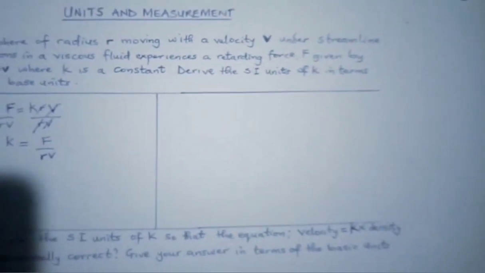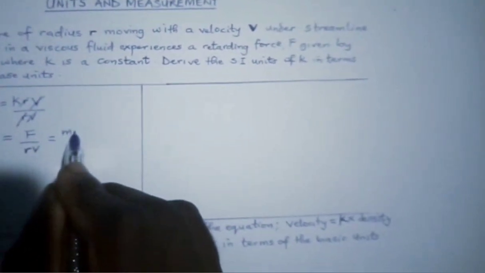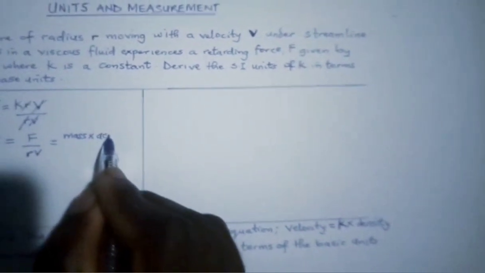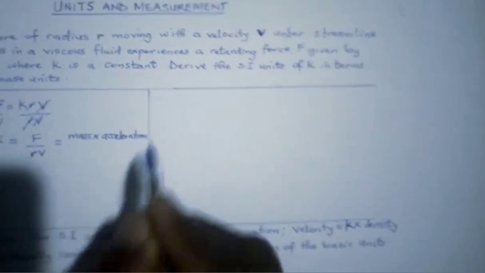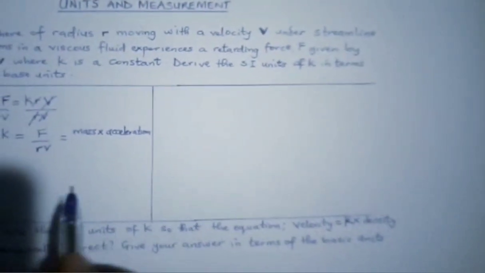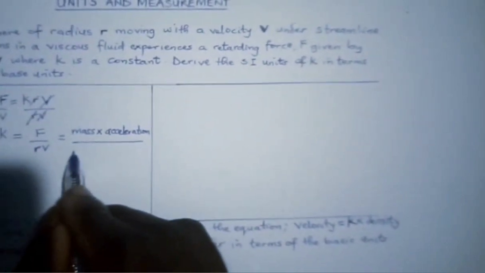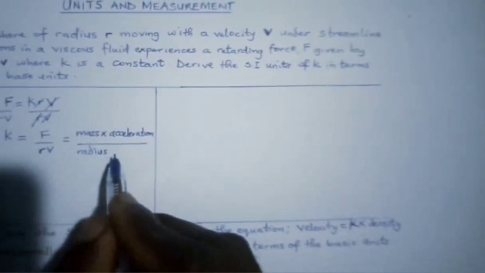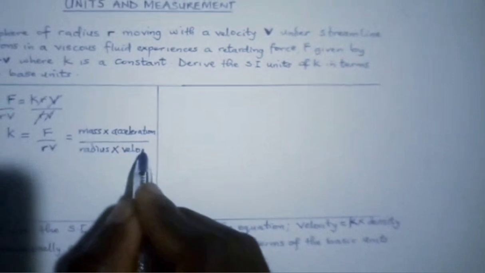F stands for force, and force is mass times acceleration. The formula for force is mass times acceleration, and you have R, which is your radius, and V, which is your velocity.